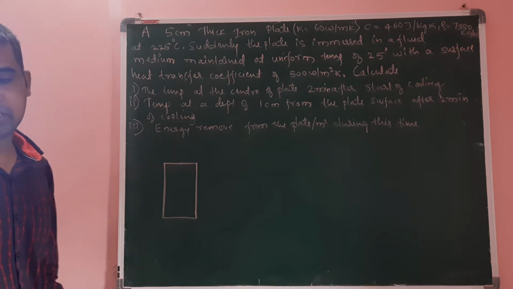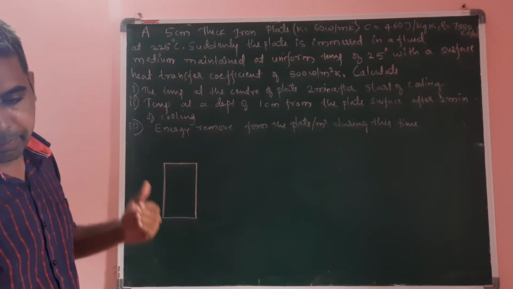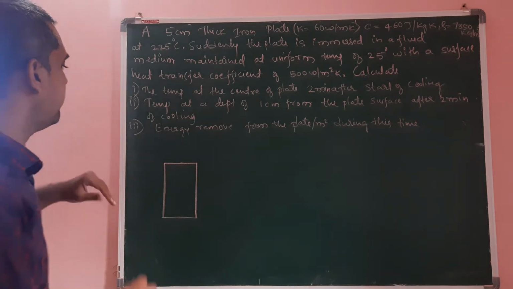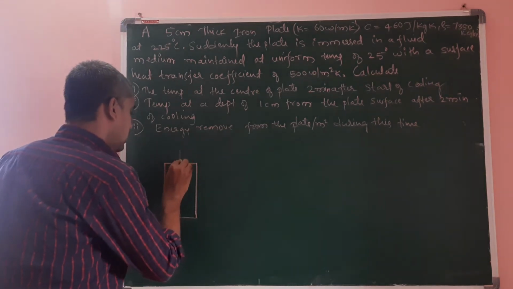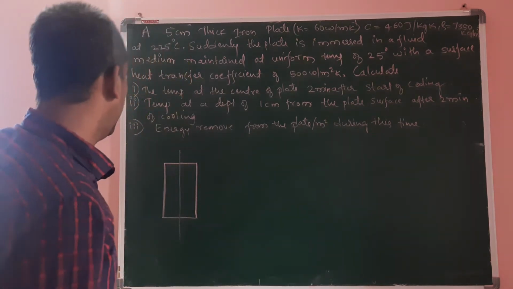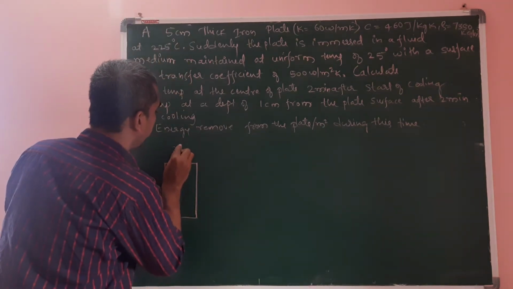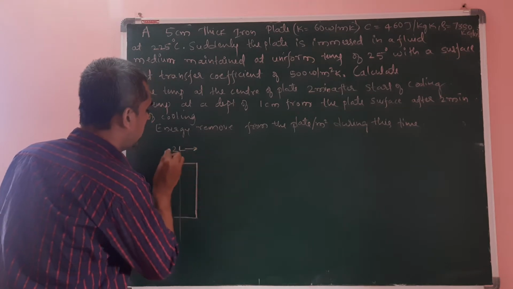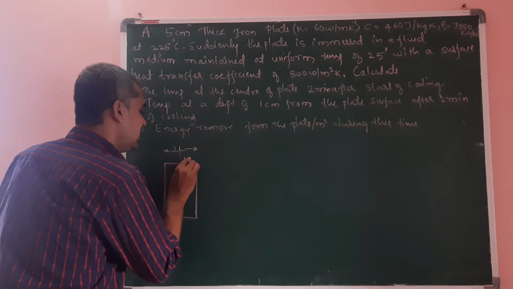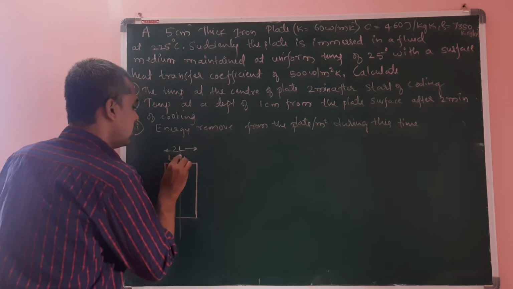Heisler charts have been prepared in such a way that the thickness of the plate is considered as 2L, so 2L is equal to 5 centimeter. On one side it is L, on the other side it is also L.